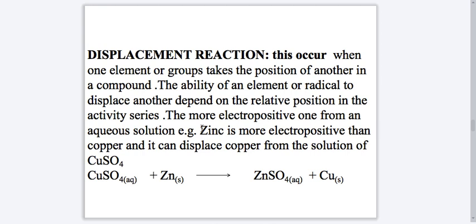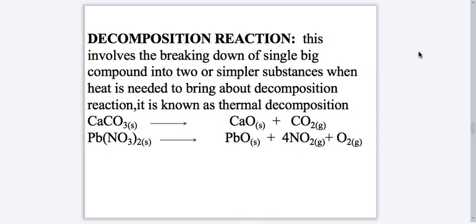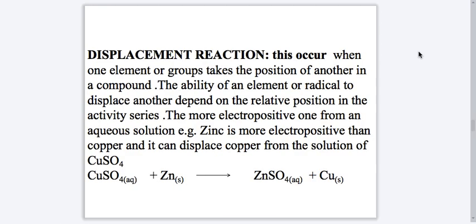Before an element can displace another, that element must be more reactive than the one that it can displace. Zinc is more reactive than copper because zinc is above copper in the activity series.